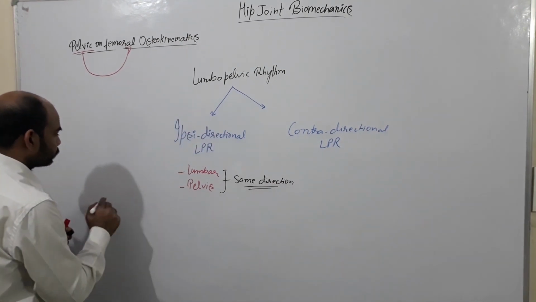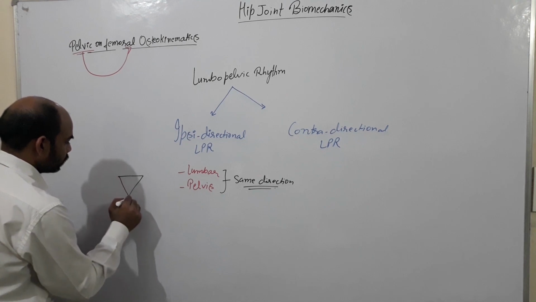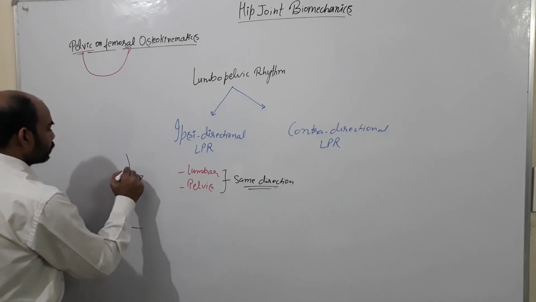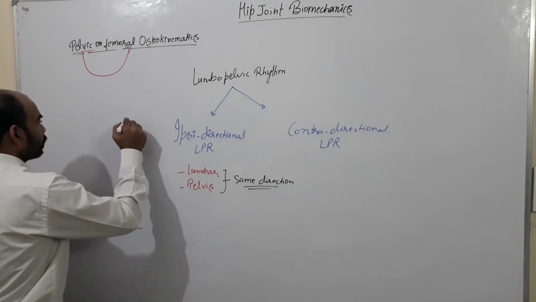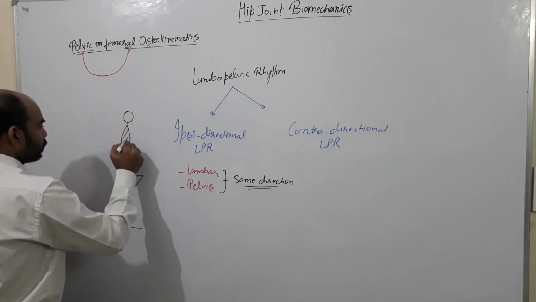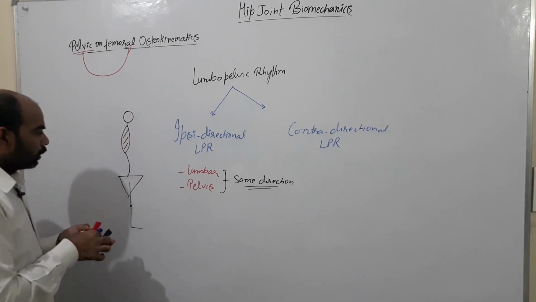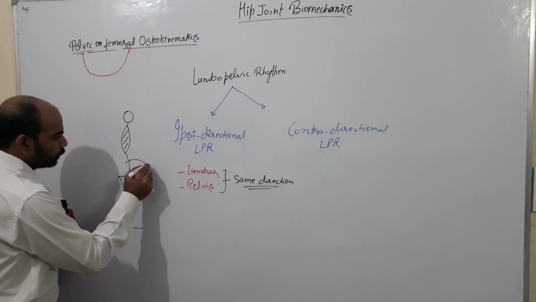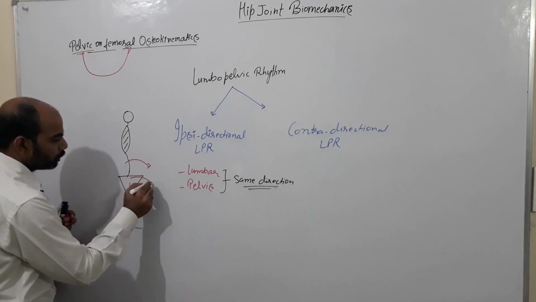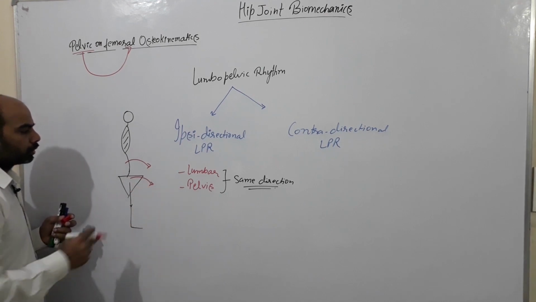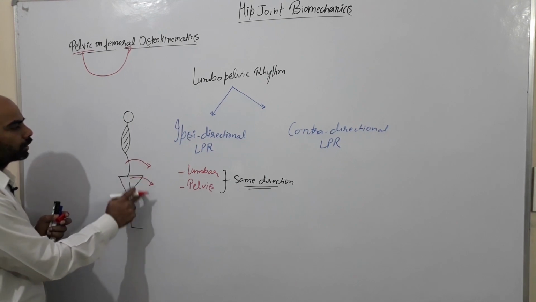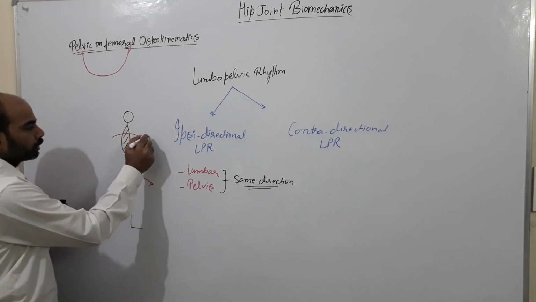Like, suppose this is a pelvis, knee joint, lumbar spine. During forward flexion in standing position, lumbar spine moves in anterior direction and pelvis also moves in the anterior direction. So lumbar spine and pelvis both move in the same direction when we flex.